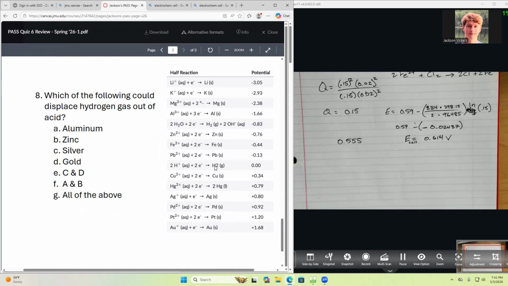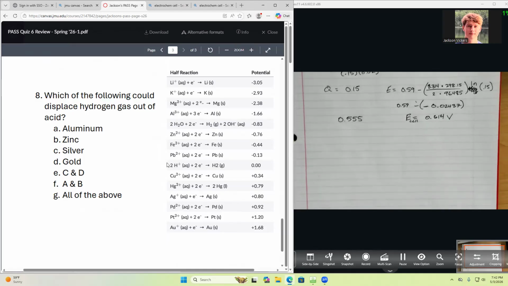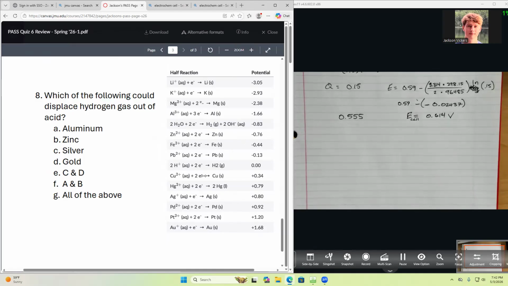Does that make sense? Should I say that again in a better way? You need to find something that is worse at being reduced than hydrogen. So anything negative. Yep, that's it.